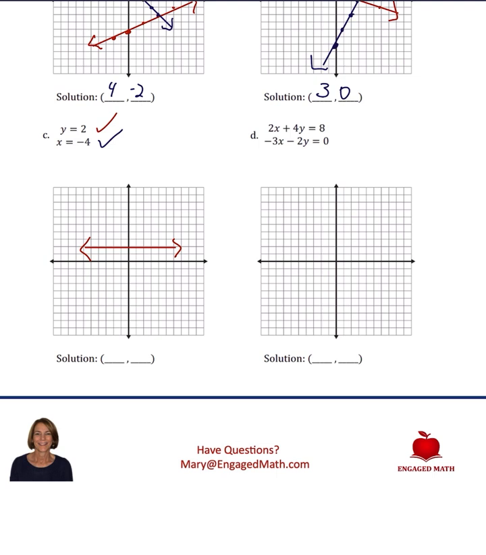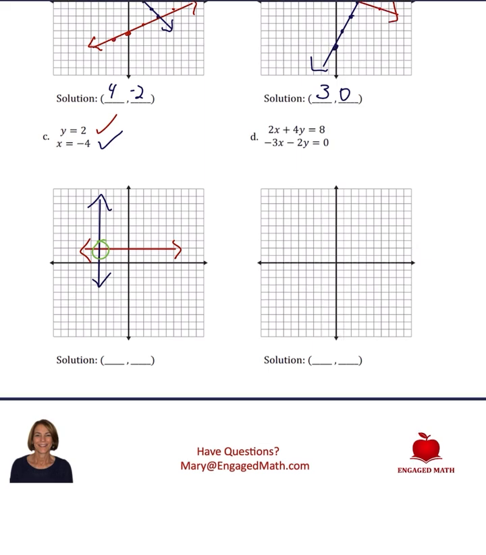So I'm going to go to 1, 2, 3, 4 on the x axis. Yep, that should do it for us. And there is our point of intersection. I'm going to draw this really carefully so you can see it. That point of intersection is at -4, +2. Let's change that to blue.